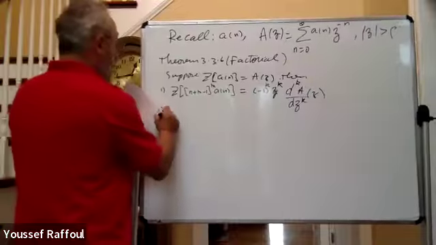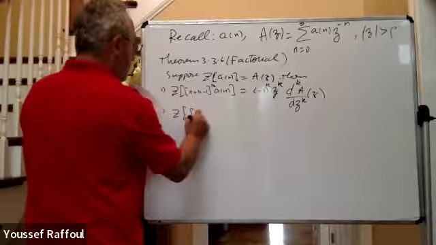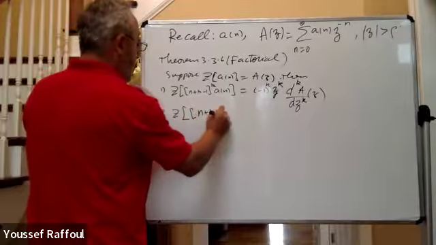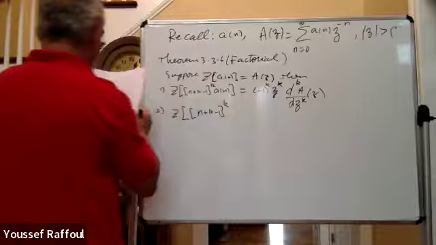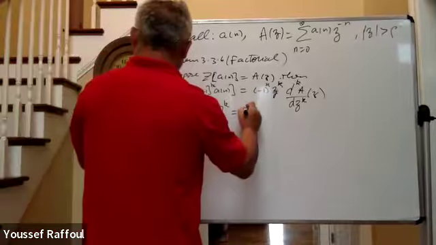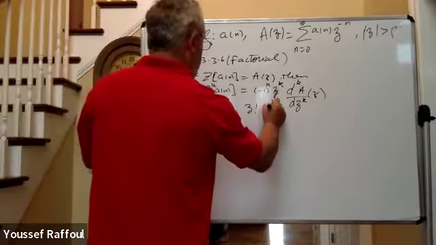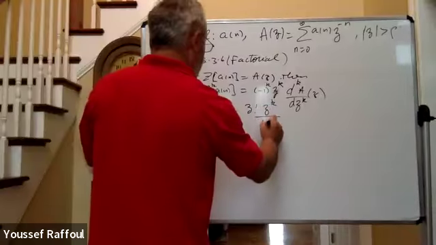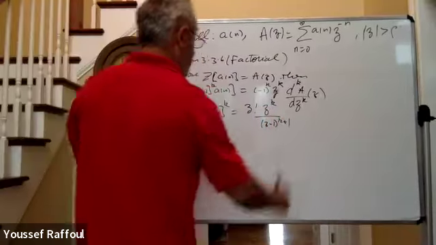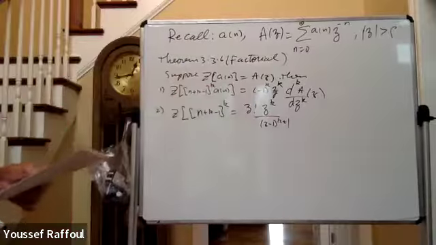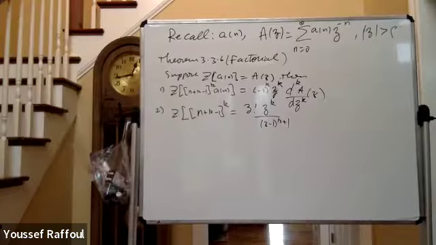And 2: if a_n equals 1, then Z of (n+k-1)^(k) is k! z^k over (z-1)^(k+1). Okay?